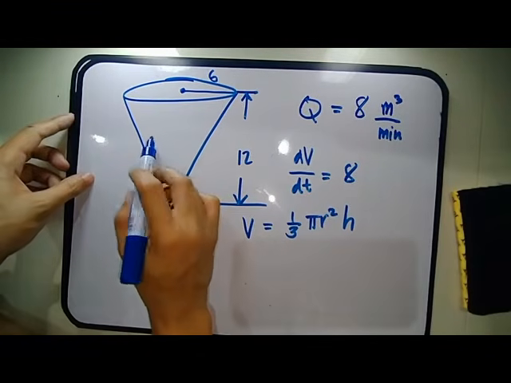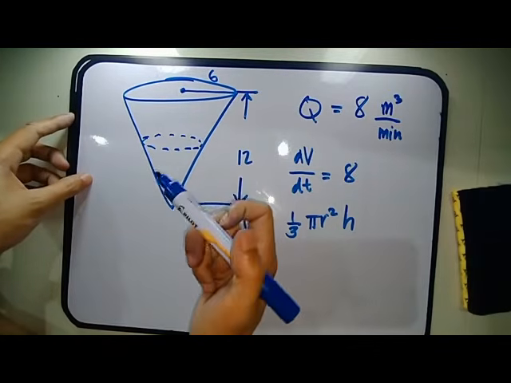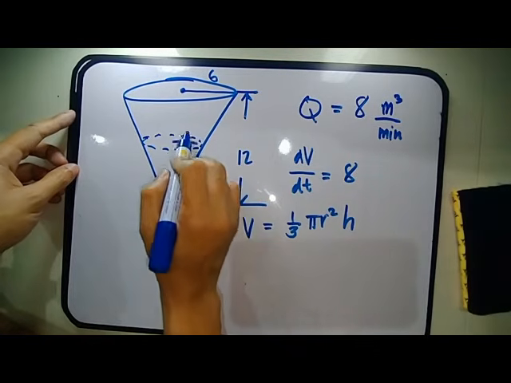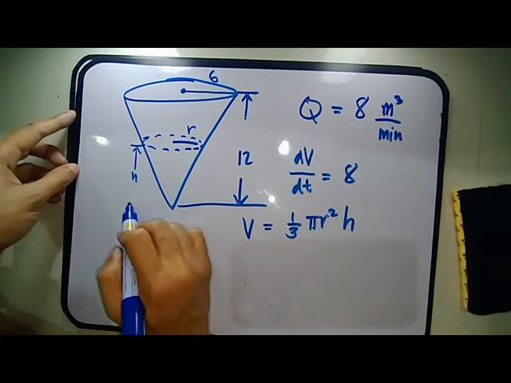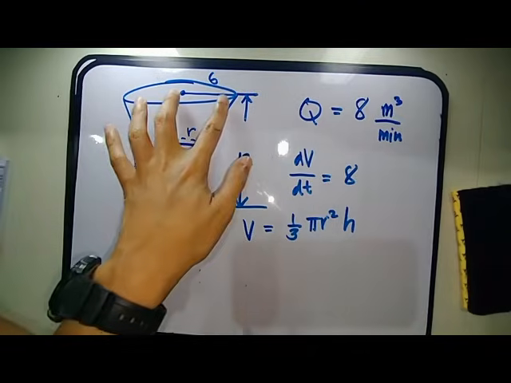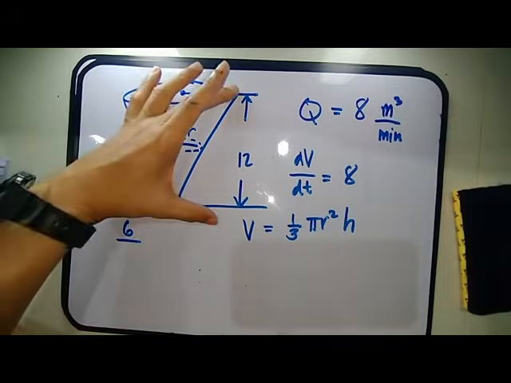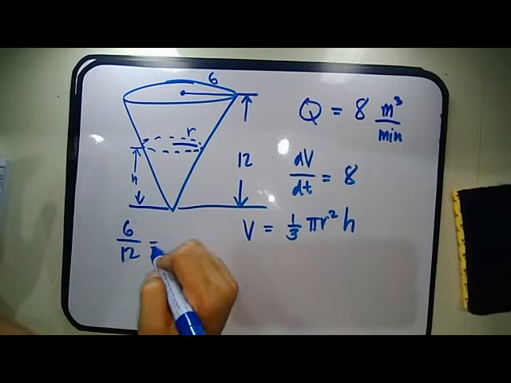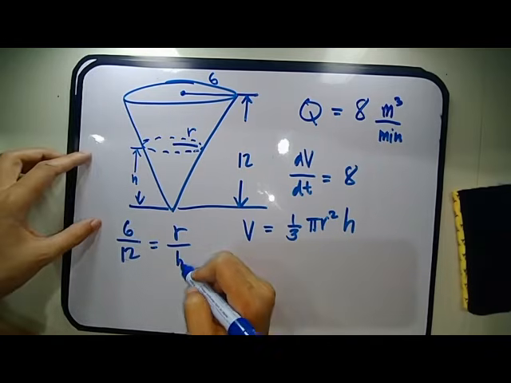If this is the height of your fluid inside the tank, this is your r and this is your height. By ratio and proportion, we can say that 6 over the total height 12 is equal to r over h.